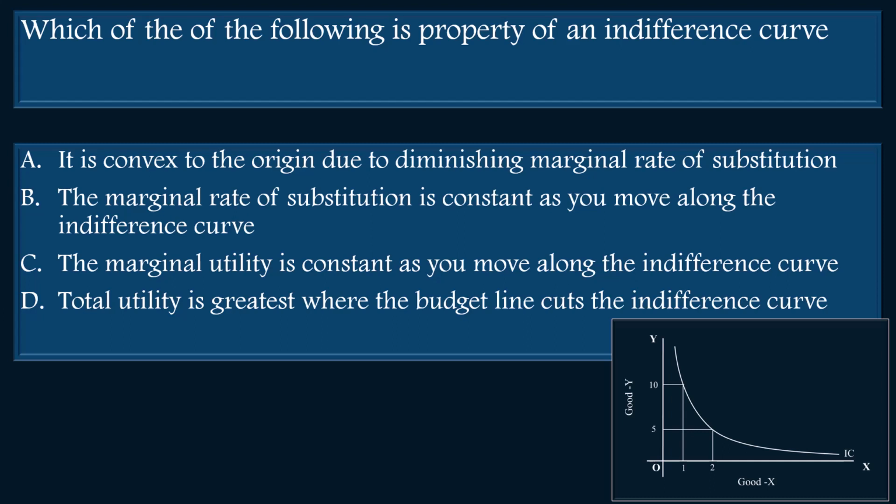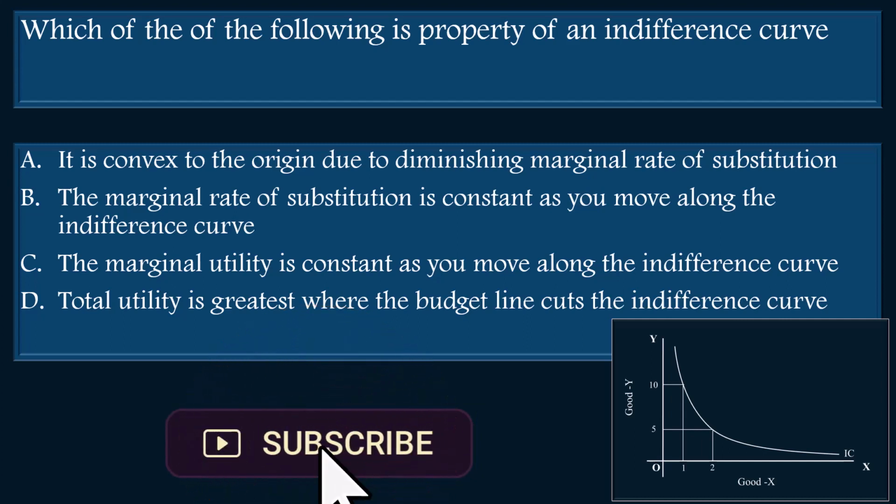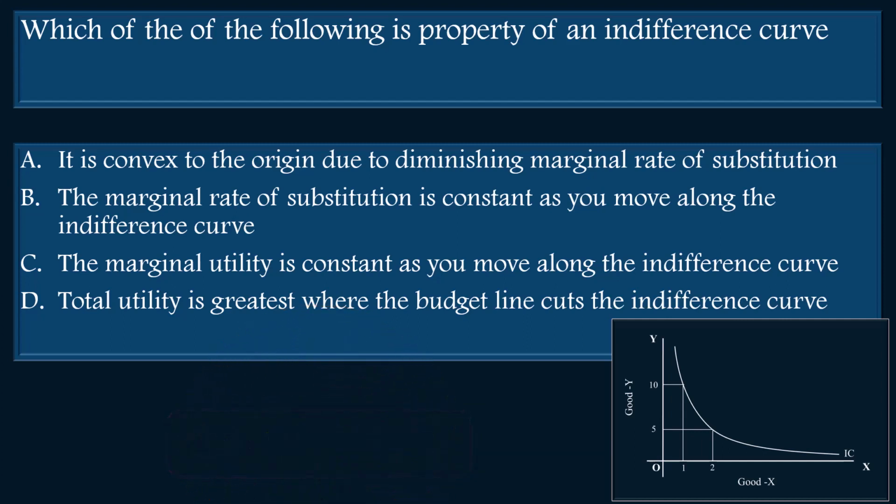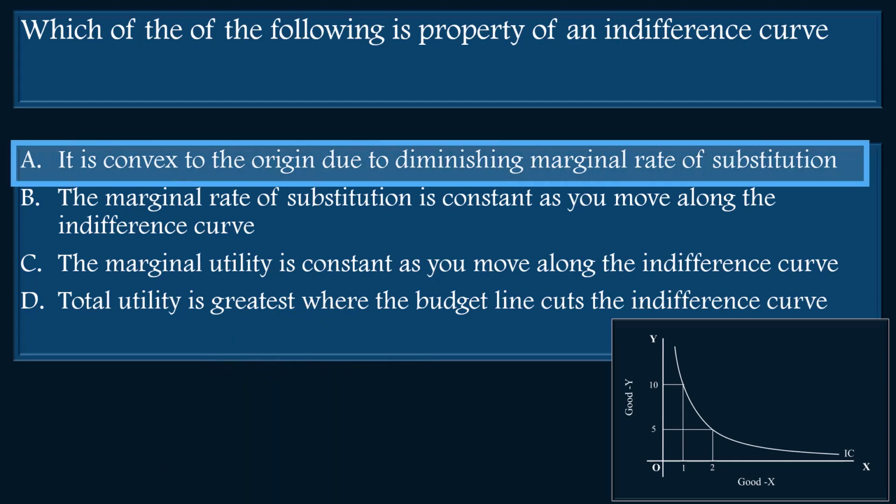C. The marginal utility is constant as you move along the indifference curve. D. Total utility is greatest where the budget line cuts the indifference curve. This question is straightforward. The indifference curve is convex to the origin due to diminishing marginal rate of substitution. Option A is the correct choice.